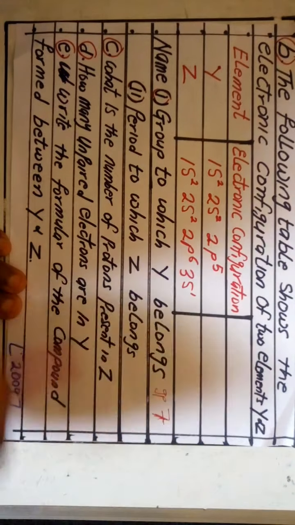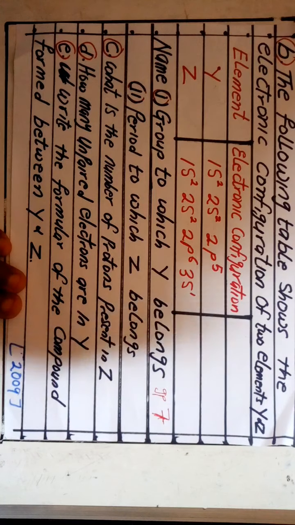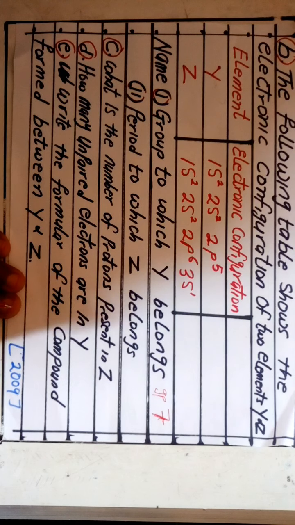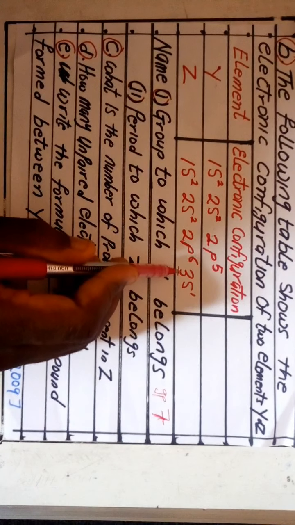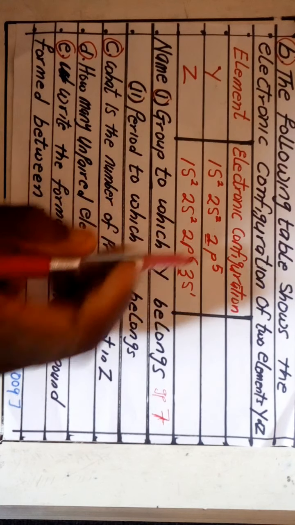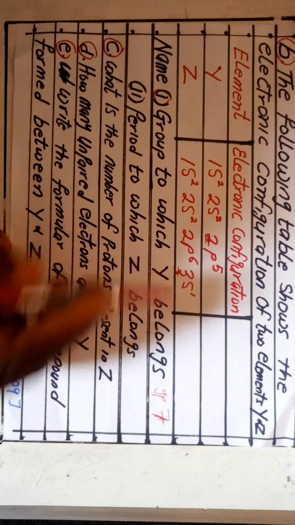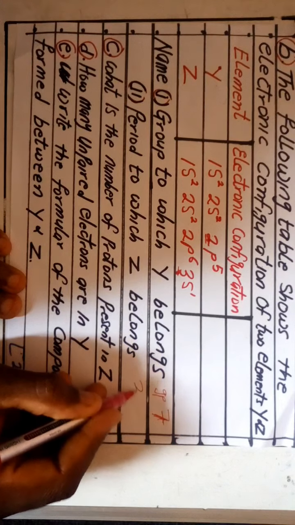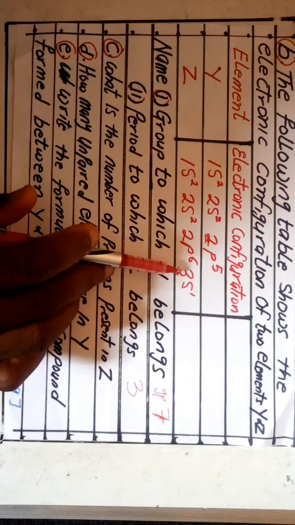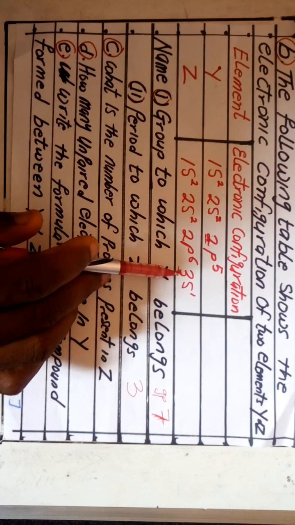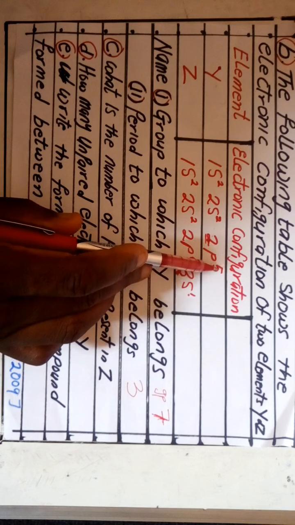Then the period to which Z belongs. Remember, you look at the last orbital. So this one is period 3. Why is this one group 1?